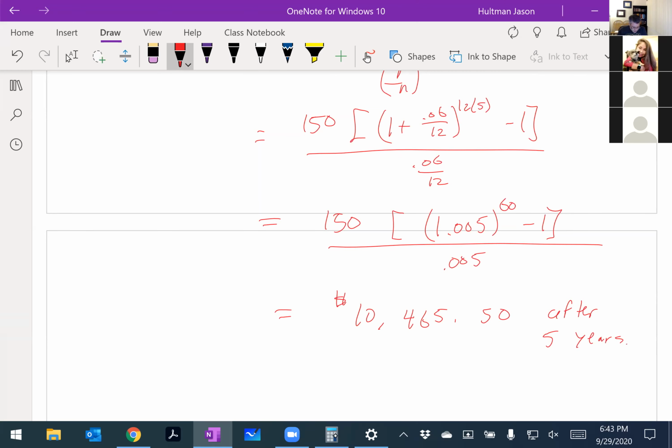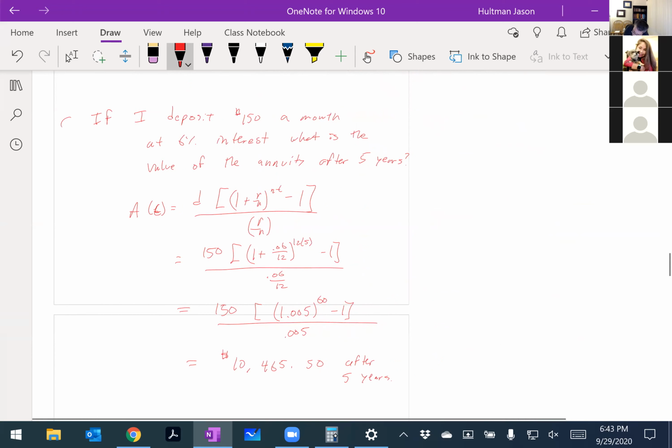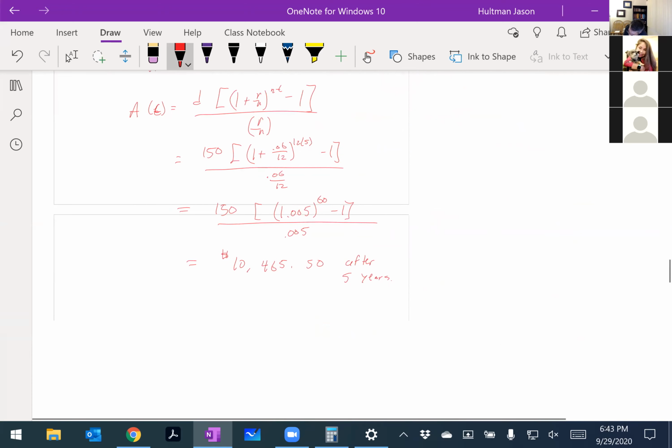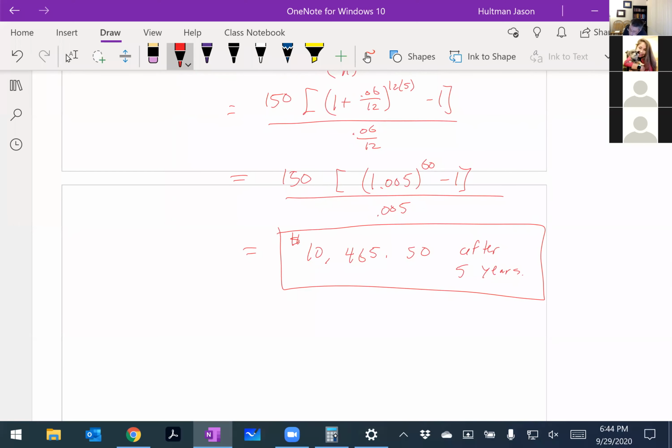Okay, so how fast is this changing at the 5-year mark? Let's call this part A. Let's finish this up with part B. So if I deposit $150 a month for 5 years at 6% interest, I will have $10,465 in the bank at that time.